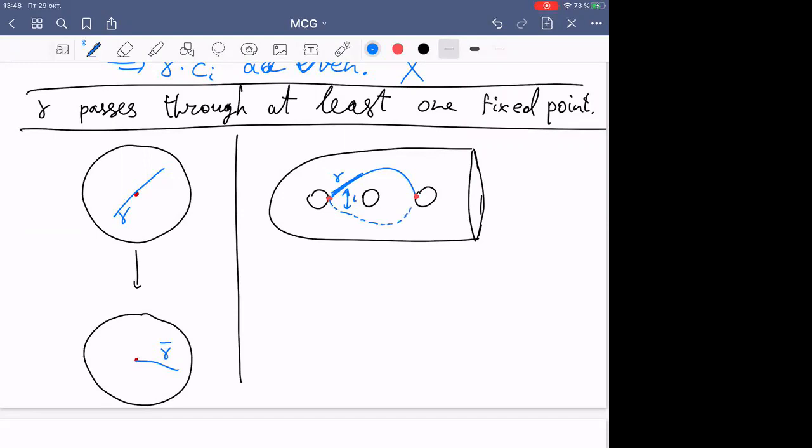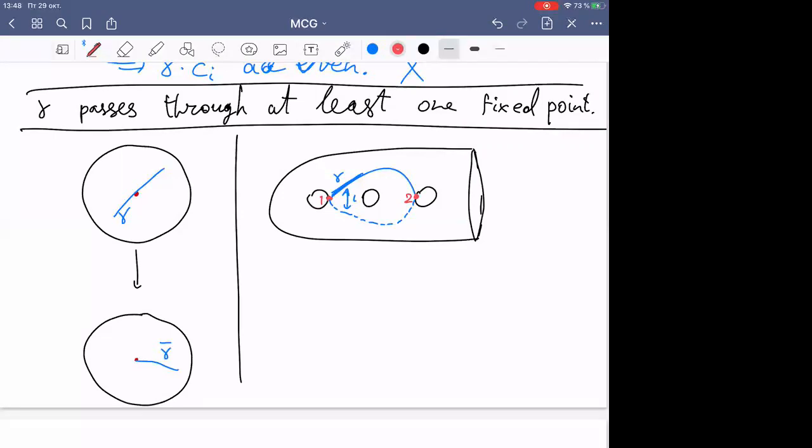Hence, the endpoint must be the same. So we see that there are exactly two fixed points. When we start from the first fixed point and go in one direction, we arrive at the second endpoint, and going in the opposite direction, we arrive again at the second fixed point.